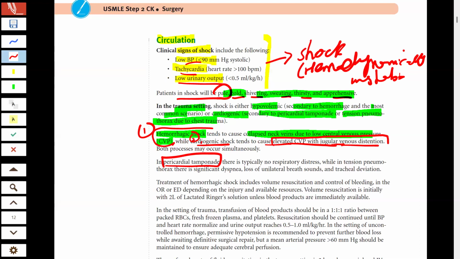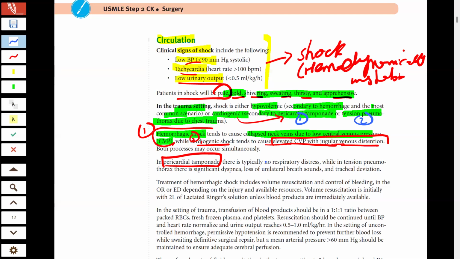In cardiogenic shock there are two things: one is pericardial tamponade, two is tension pneumothorax, and in both the CVP will be raised. In hemorrhagic shock the CVP is low, so we can classify that. But how to differentiate between pericardial tamponade and tension pneumothorax?